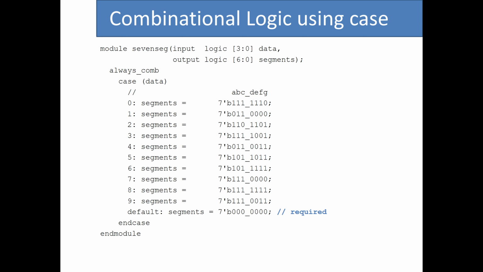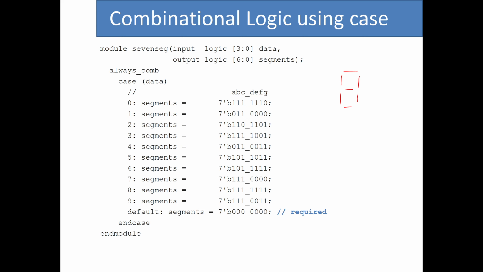So for example, let's say we want to create a 7-segment circuit. You remember from a previous video when we talked about how we can come up with the Boolean functions of a 7-segment display. We had a 4-bit data input, and we used that to find out which one of these LEDs should be on to represent the number associated with that data input.